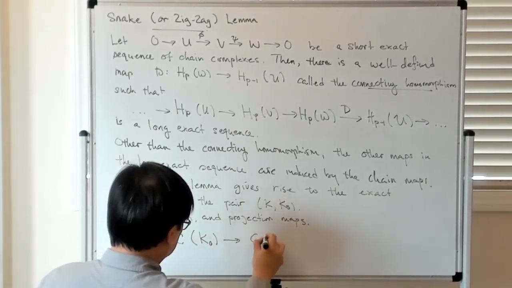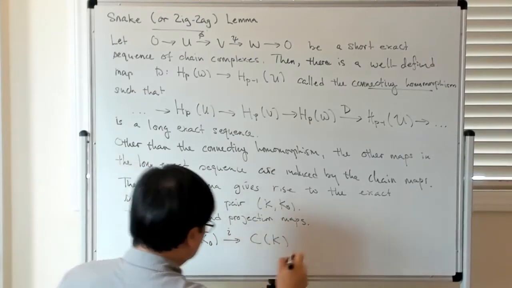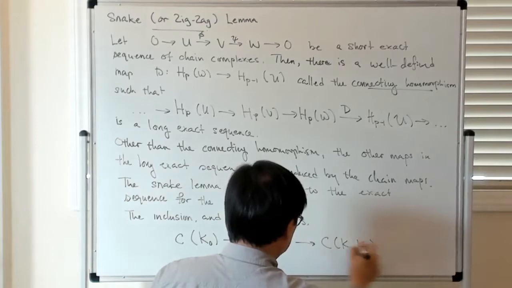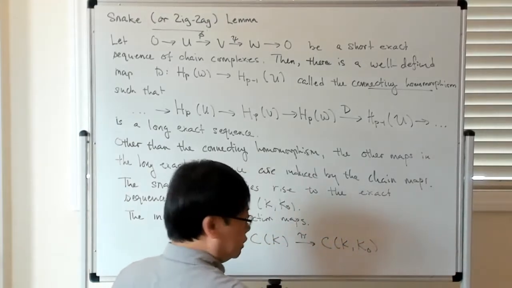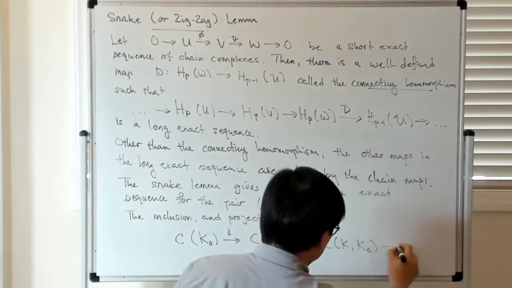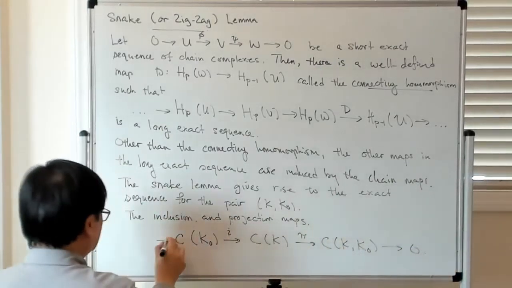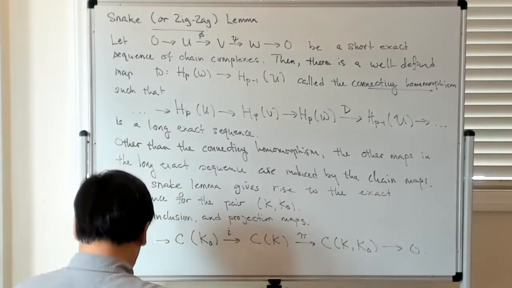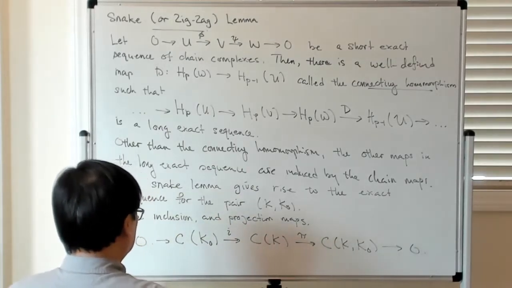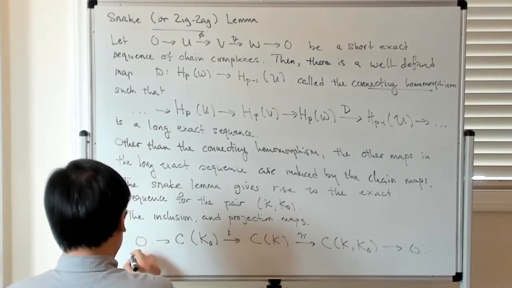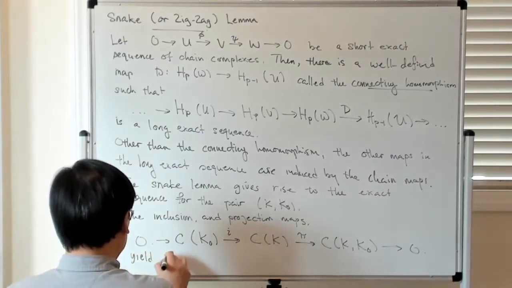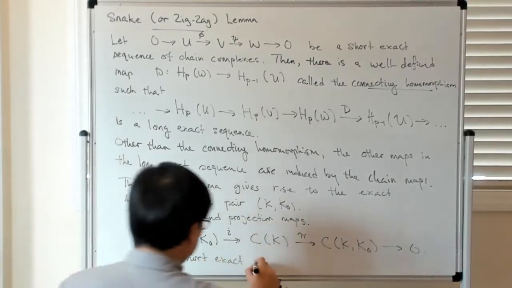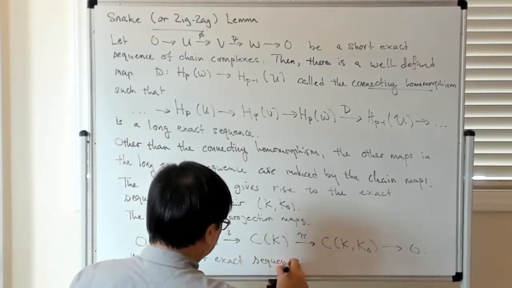So C(K_0) maps to C(K) via the inclusion, maps to C(K, K_0) by the projection, and this yields a short exact sequence of chain complexes.